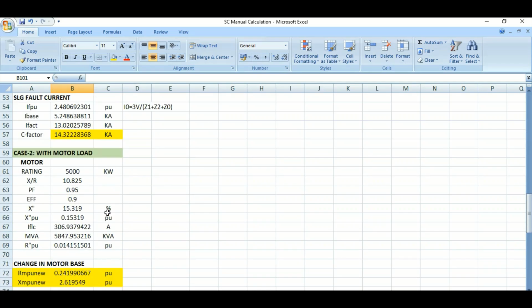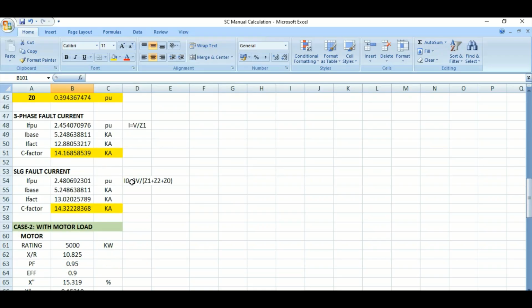If you can see, this I0 equals 3V by Z1 plus Z2 plus Z0.